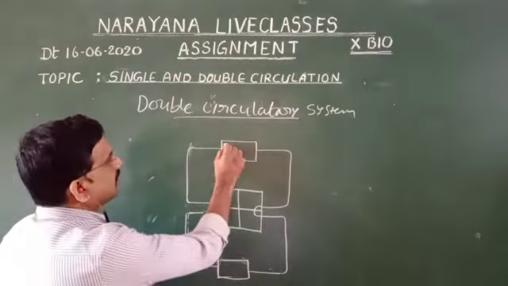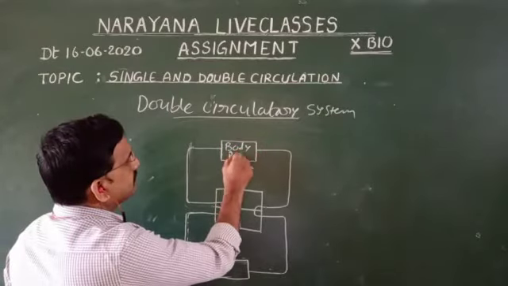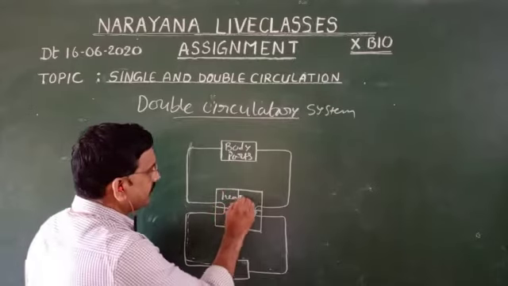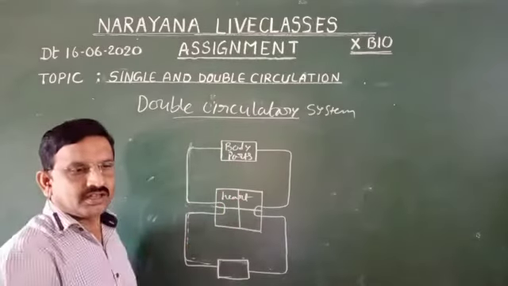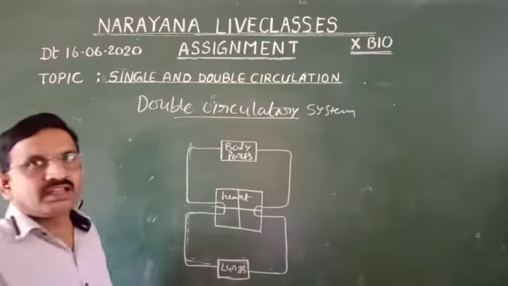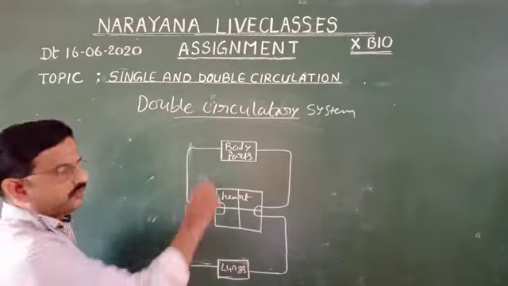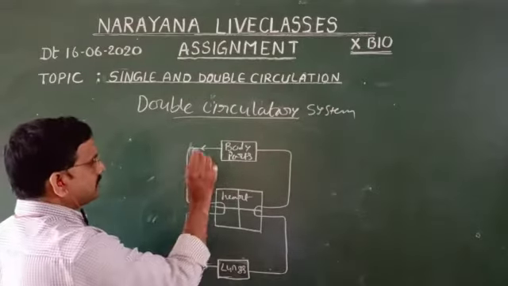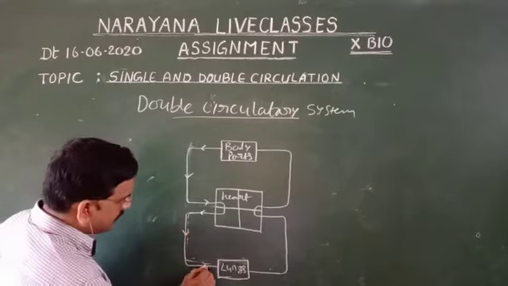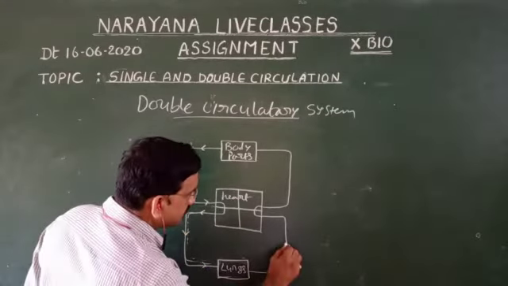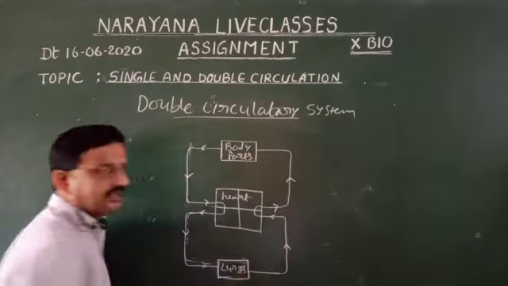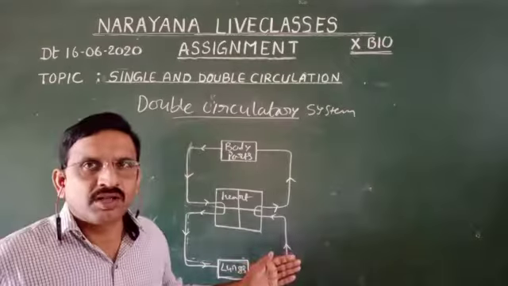Understood? Here these are the body parts. This is a heart. These are the lungs. Blood goes from body parts to heart, from heart to lungs, from lungs again to heart. Once look at the diagram.